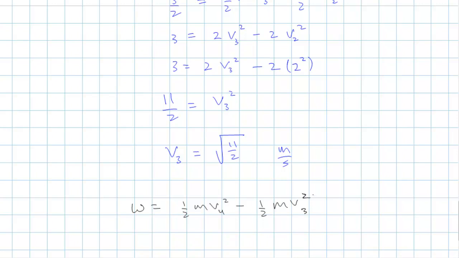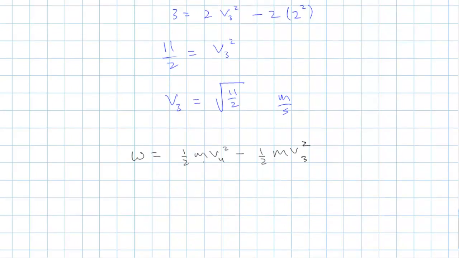So we take the work is equal to change in kinetic energy, 11/2. The mass is 2, so 1/2 times 2 cancels out. v4 squared, the mass is 2, and the work done has to be 1/2.